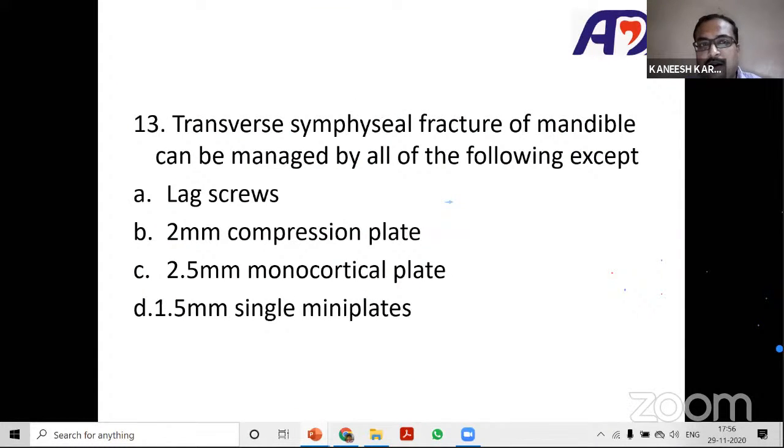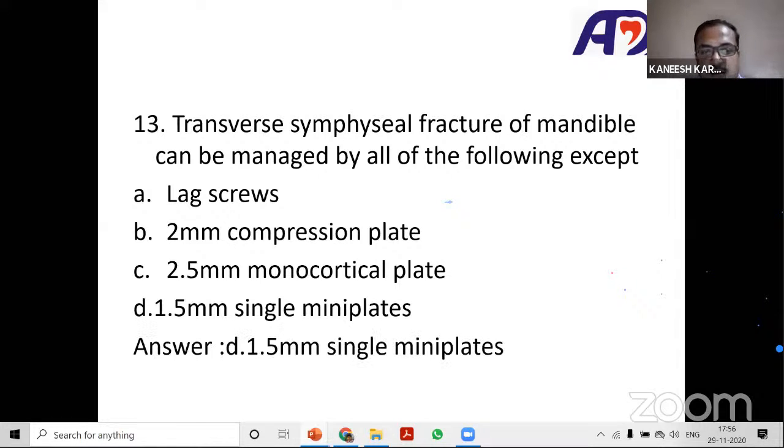Transverse symphyseal fracture of the mandible can be managed by all of the following except. Yes, it is 1.5 mm single mini plates. See here, a 1.5 mm single mini plate is used in the maxilla like this.